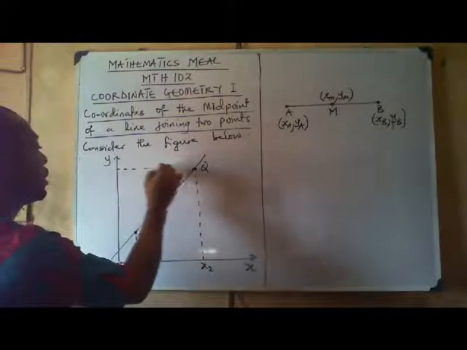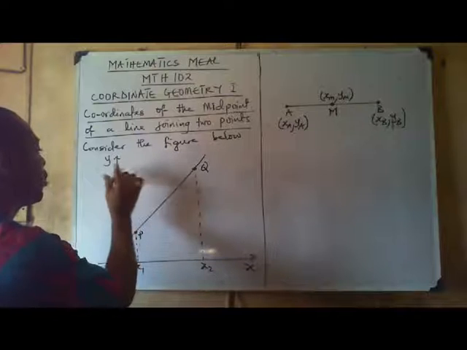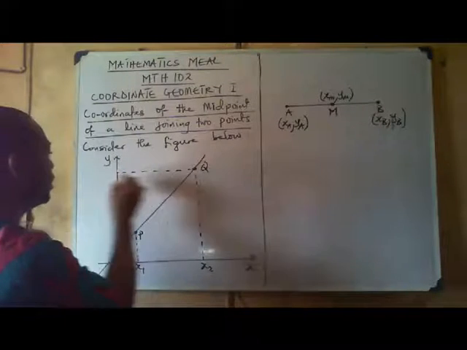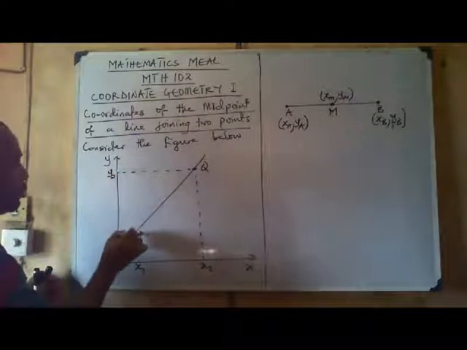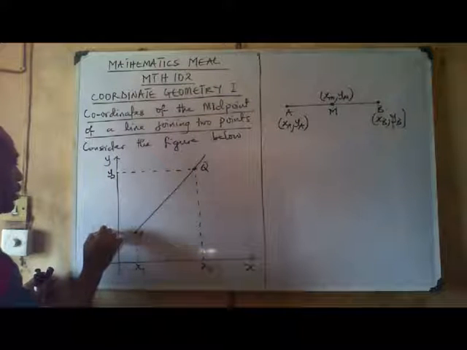Now it means that the corresponding value of Y at point Q is Y2, Y at point P is Y1.